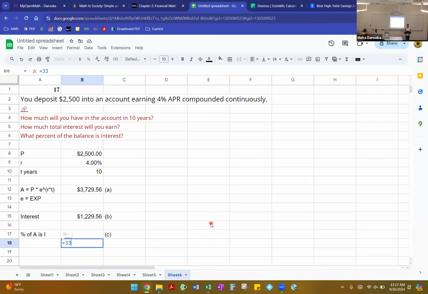Or 0.329676. Oh, sorry, there should be a decimal somewhere in there, people. There we go, 0 point. So about 32, 33%, yeah, like you said. Alrighty, and then we'll leave the rounding to the homework problem, so whatever the homework problem tells you, you can round based on that.